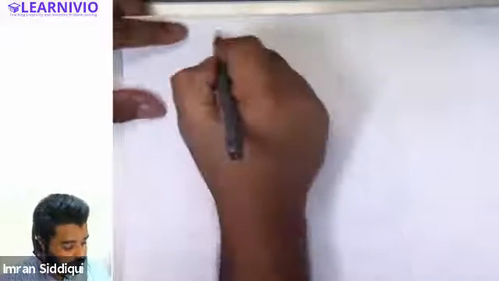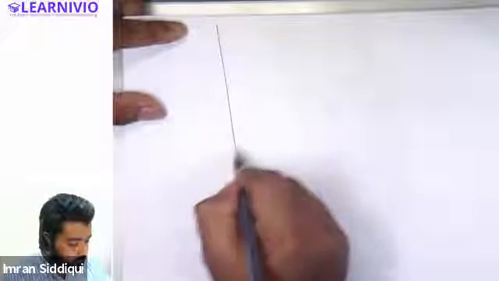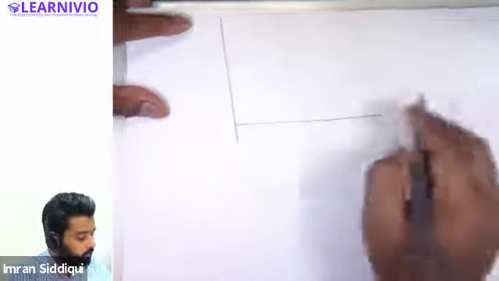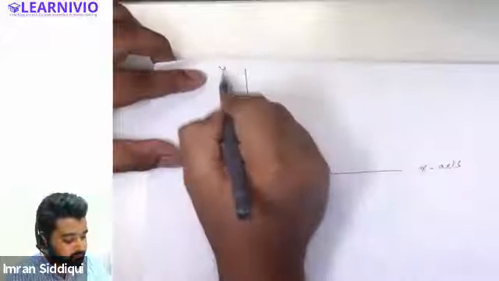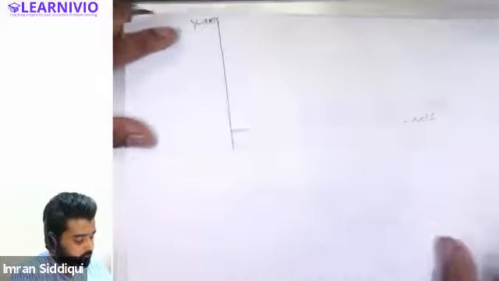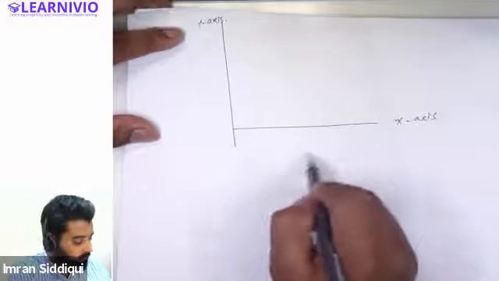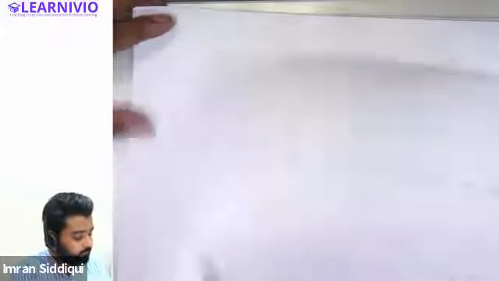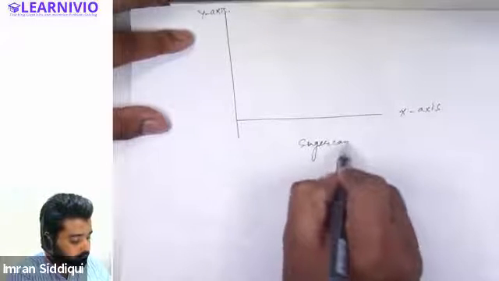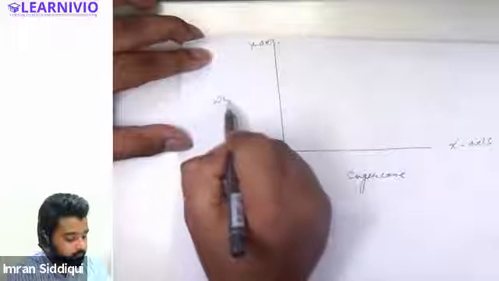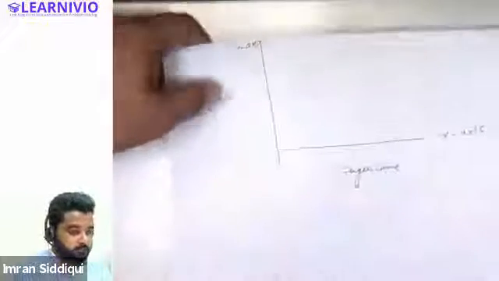Suppose this is the x-axis, as you already know. This is the y-axis, right? Suppose we take the quantity of sugarcane on the x-axis and wheat on the y-axis.